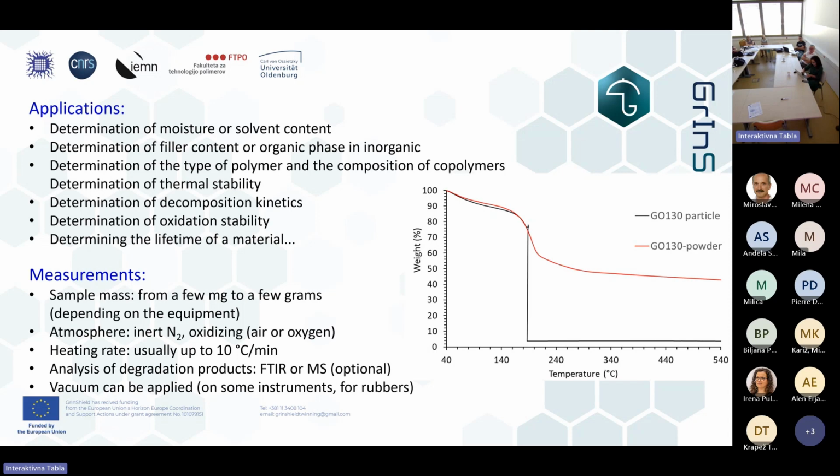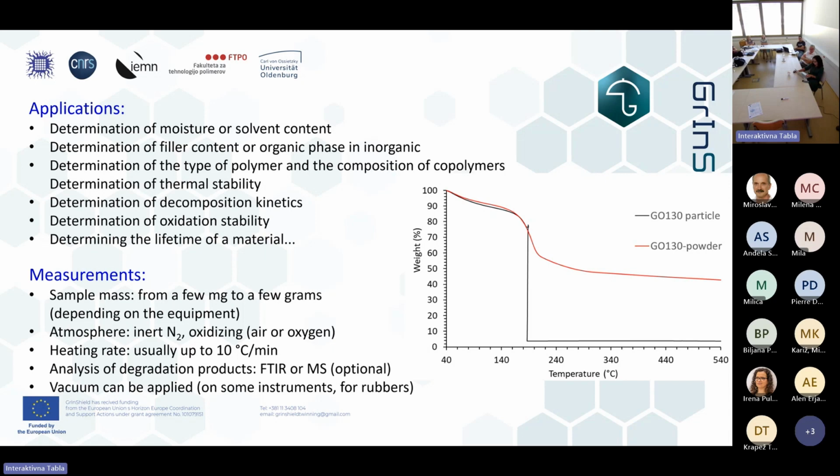But then we cannot distinguish what was evaporation and what was degradation. And then we can apply also vacuum. Vacuum reduces the boiling point of those liquids, and so we can separate those two peaks.